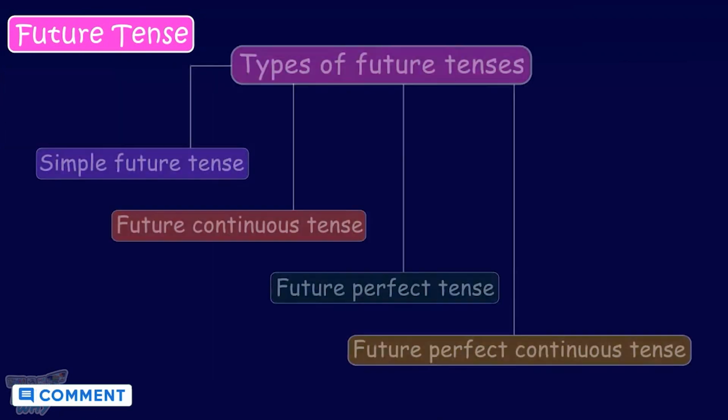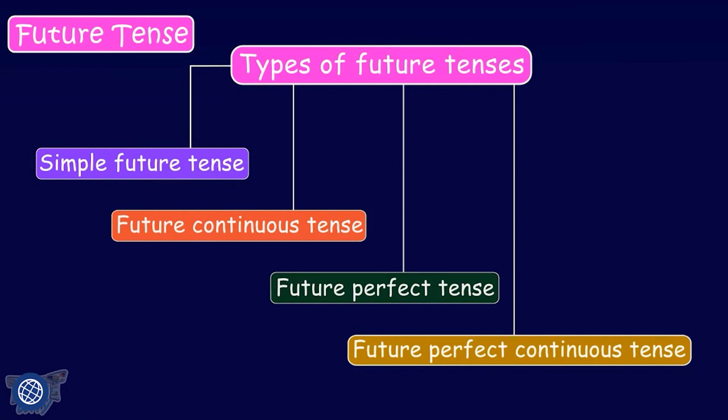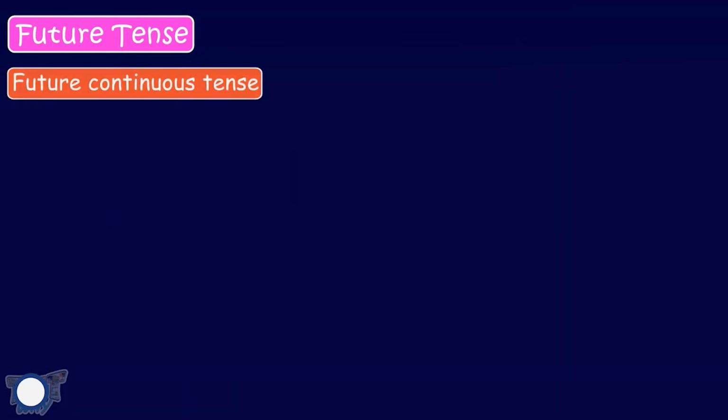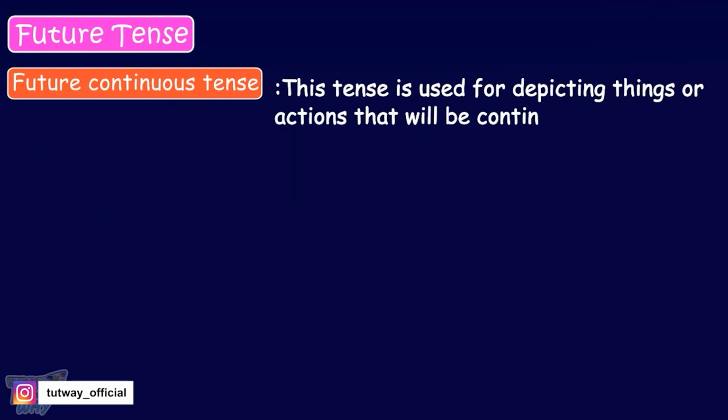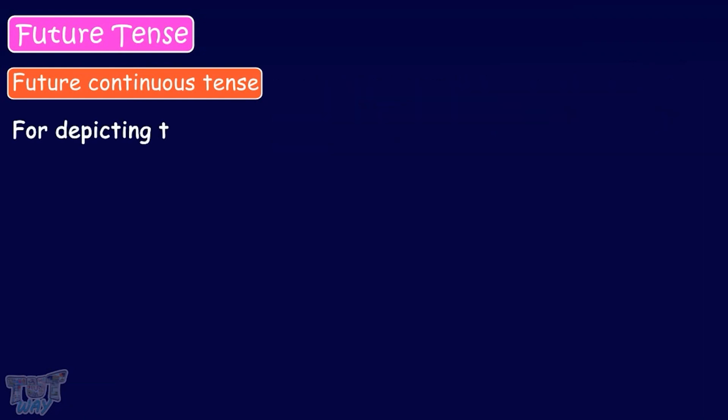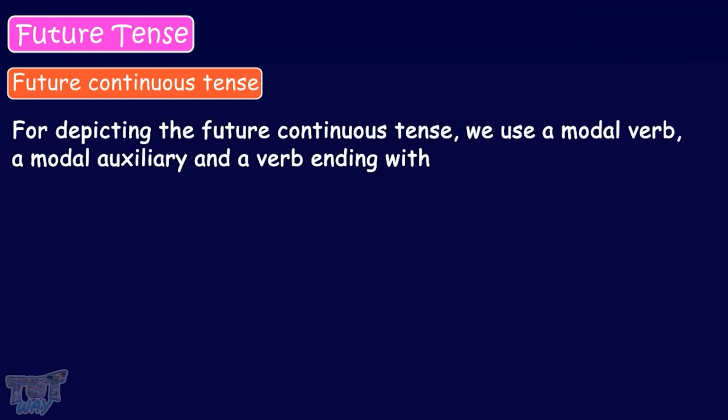Now let's learn another type of future tense, which is future continuous tense. This tense is used for depicting things or actions that will be continuously happening in the future. For depicting the future continuous tense, we use a modal auxiliary, an auxiliary verb, and a verb ending with ing.